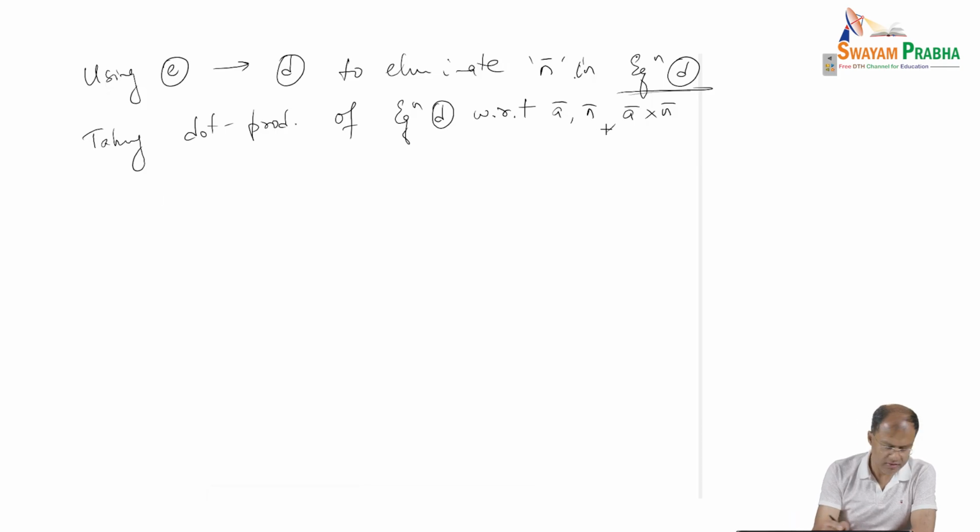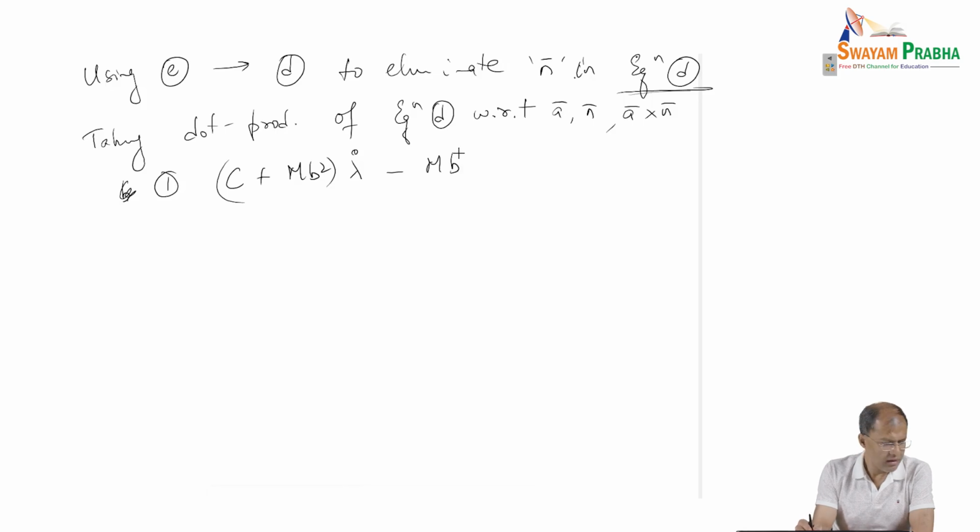We see what happens. So with all these three sets of equations, we will get three new equations. C plus mb square lambda dot minus mb square triple product of A with A dot with N times N dot comma A, N dot with A, and this is equal to 0.